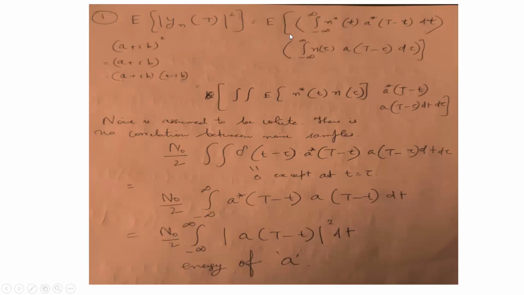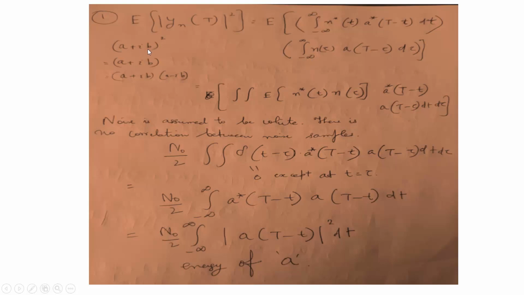If I have to calculate the power of this, how can I calculate it? Since we are dealing with power, because it is squared here, it will be the integral of n*(t) a*(T minus t) from minus infinity to infinity, multiplied with the previous integral, also from minus infinity to infinity, n(tau) a(T minus tau), because this is a square and we are multiplying the two factors like this.